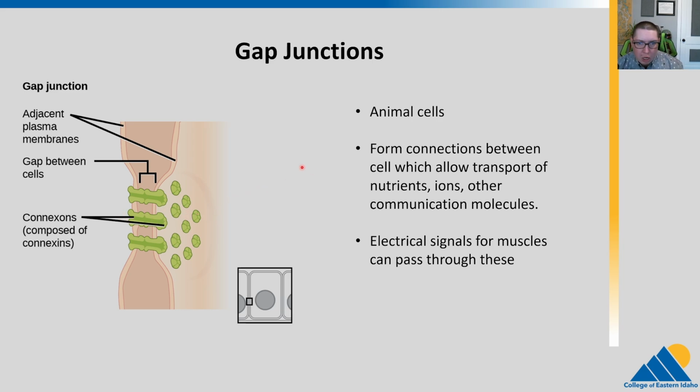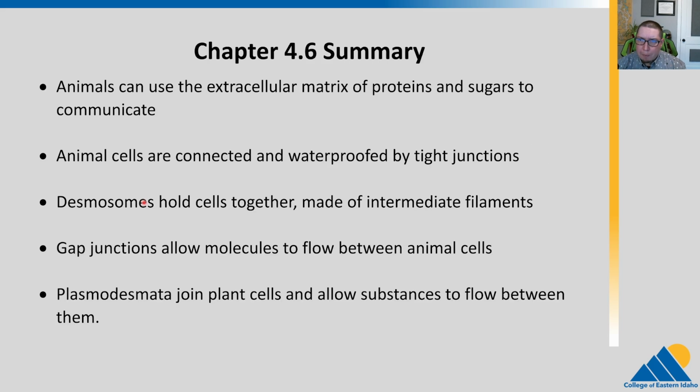And that allows nutrients, ions, other signaling molecules or communication molecules to move through there. It also allows electrical signals for muscles to pass through. So many functions here. Again, if you go on to take cell biology, you'll learn more about these and their specializations in different cell types. But very, very important that we have ways of holding cells together and moving things between them.